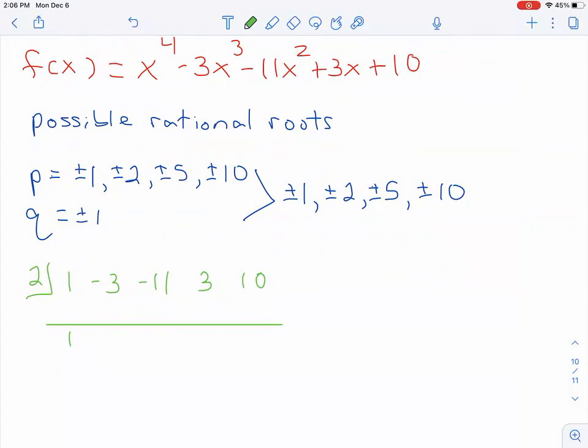I multiply 2 times 1 is 2 and add down. And then we multiply 2 times -1 and add down. And 2 times -13 and add down. And I can already see I'm not going to get 0 on the end here. And since I did not get 0 on the end, that means 2 is not a magic number. It's not a root.